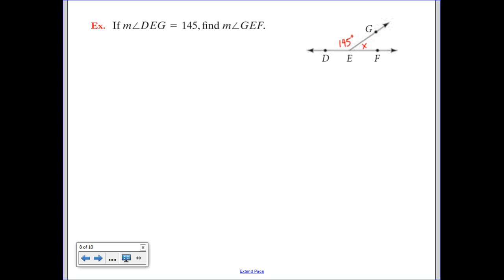Since it's what I don't know, I can call it X. And then the equation I can write, because I know the angle addition postulate, is X plus the 145 should equal the total angle DEF, which is a 180-degree angle. It's a very simple equation. Solve it by subtracting 145, and X equals 35 degrees.